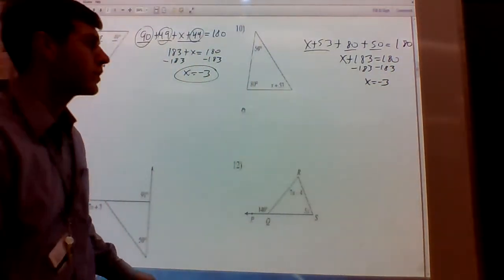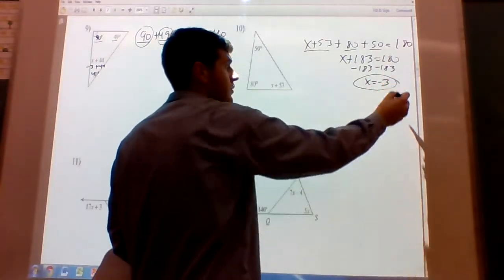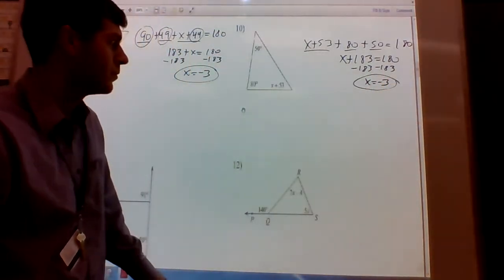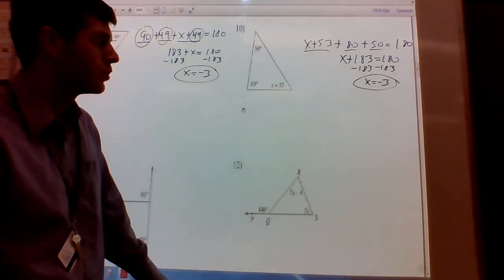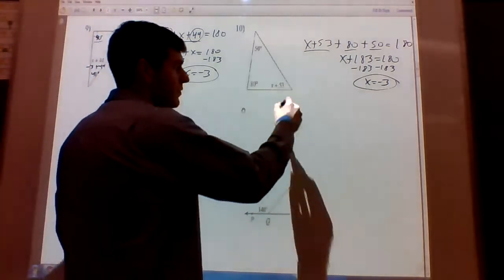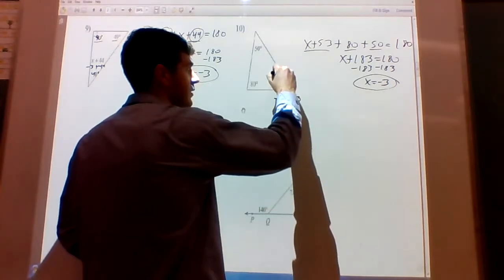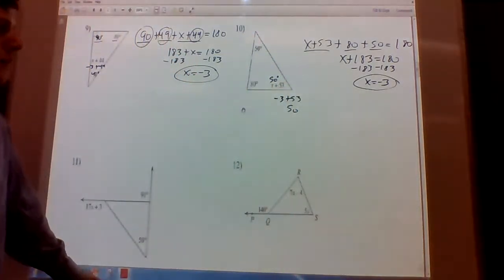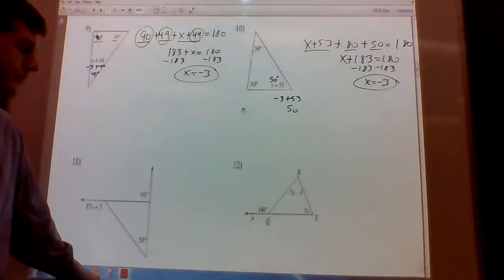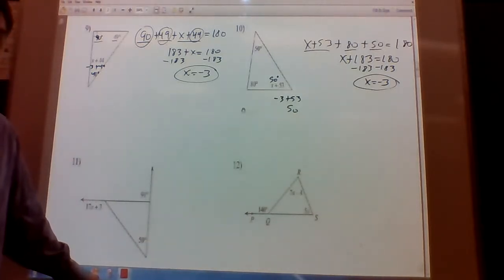That's fine for our x value, as long as when we substitute it in, the measure of our angle is still positive. Negative 3 plus 53 gives us 50 degrees, and 50 and 50 and 80 gives us 180. So we know we're right there.